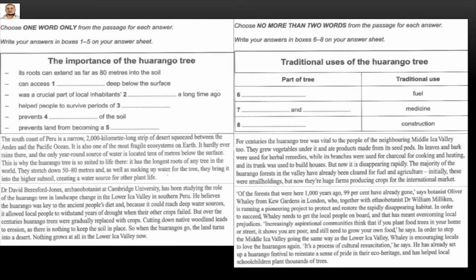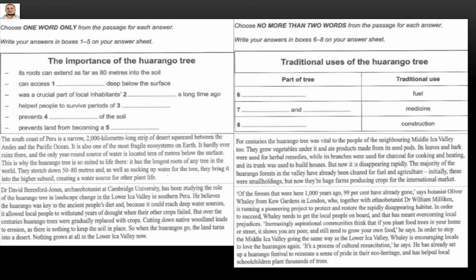It hardly ever rains there, and the only year-round source of water is located tens of meters below the surface. This is why the Harango tree is so suited to life there. It has the longest roots of any tree in the world. They stretch down 50 to 80 meters.